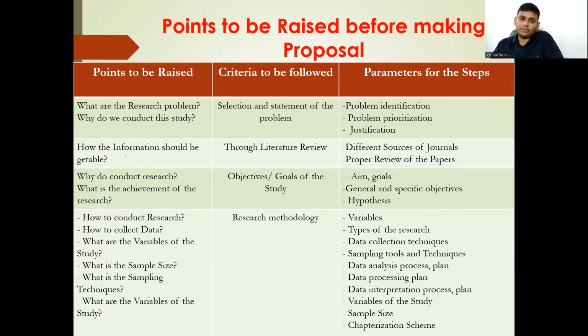Why do we conduct research, and what is the achievement of the research? To be specific, we need to define it in terms of goals of the study, that is called the objectives of the study. Then how to conduct the research, how to collect data, what the variables of the study are, the sample size, the sampling techniques you are going to use, and what variables you are going to study.